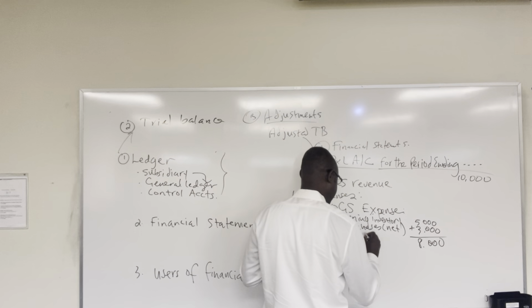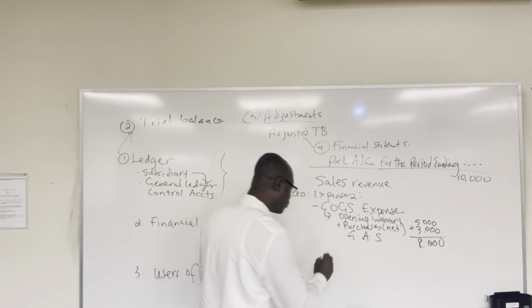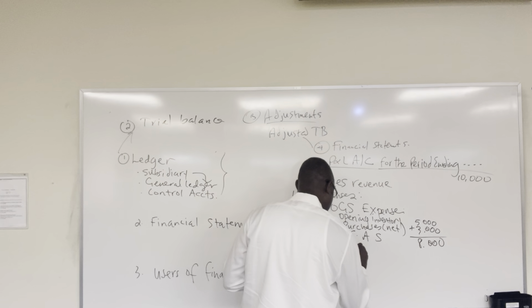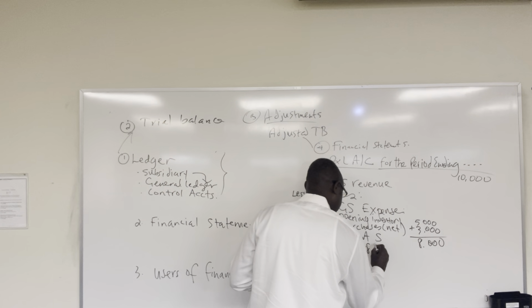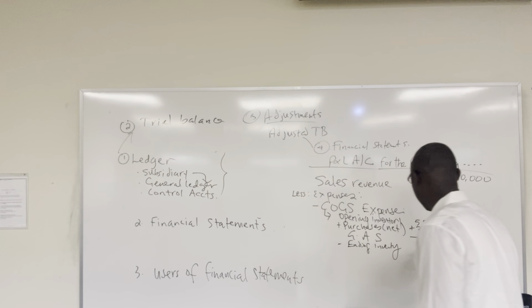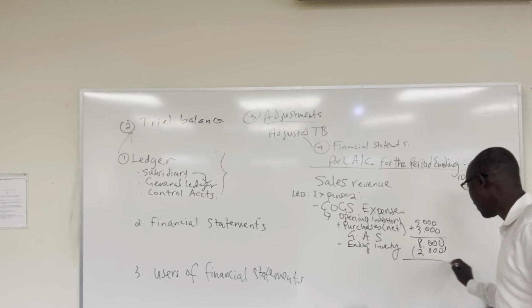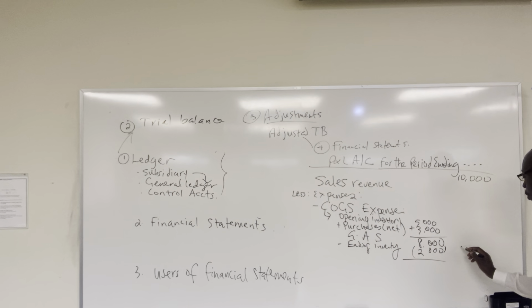Some people just use GAS for goods available for sale. And then you subtract your ending inventory. Let's say that your ending inventory is 2,000. Subtract that, and what you get is 6,000. We're going to call it the cost of goods sold expense. So that's how you calculate cost of goods sold.